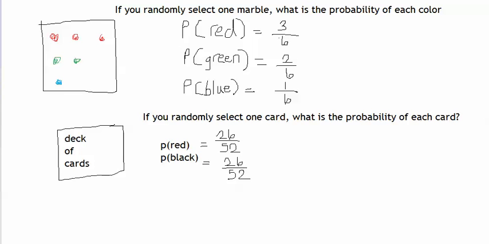And the other ones that we'll do are some of the suits, like club, diamond, spade. They're all going to be the same.